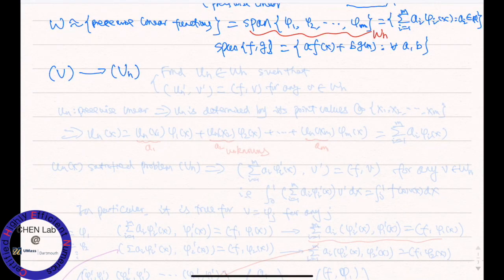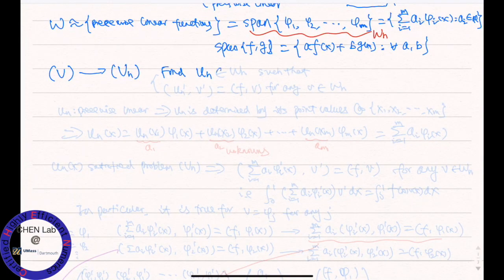H is for discretization. H is like 1 over m plus 1. So we find U_H, we now use U_H to denote the approximation.